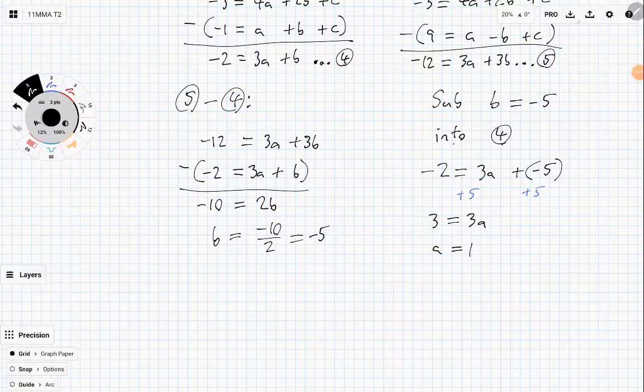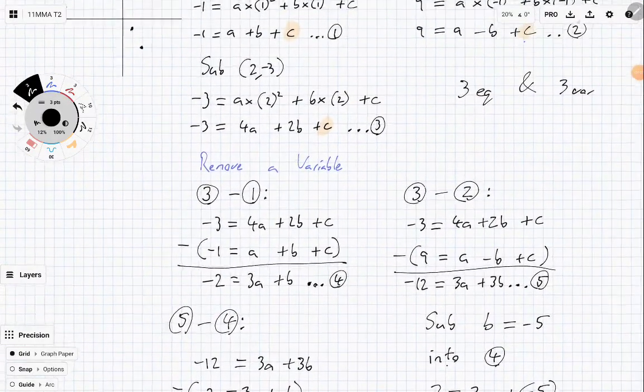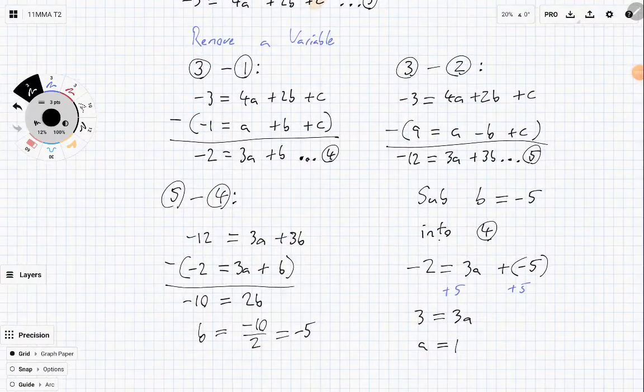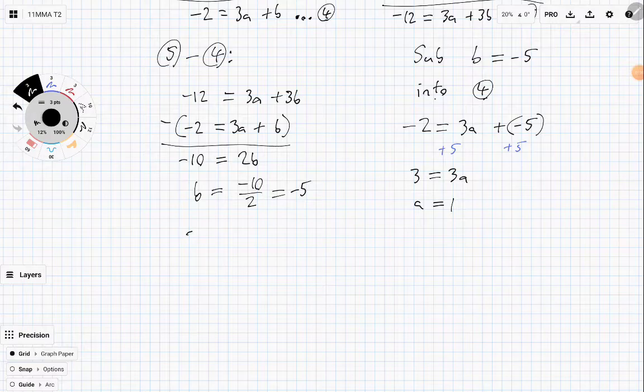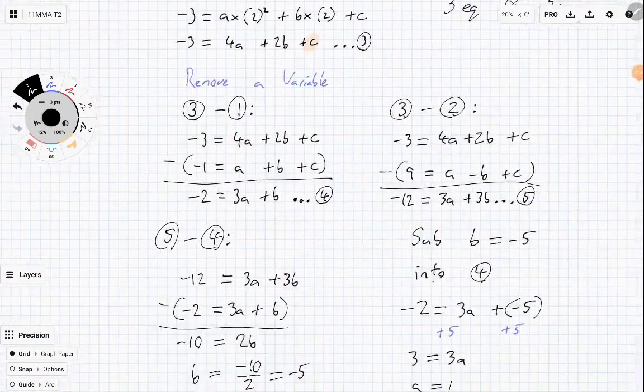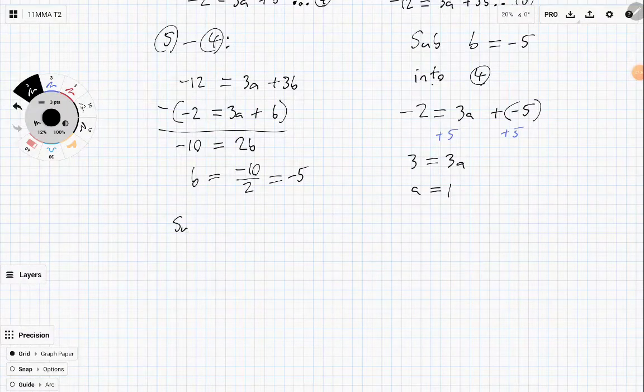What do I need to figure out? C. So now I need to go back to one of the original 3 equations I had, choose my favorite, and substitute in a and b and solve for c. So I'm going to choose equation number 1, because it looks pretty easy. Negative 1 equals a plus b plus c. So let's sub in b equals negative 5, a equals 1 into equation number 1.